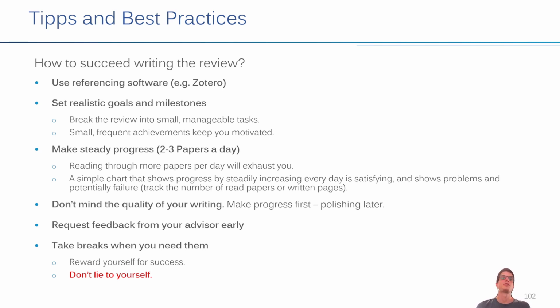So try to make steady progress, even if it's hard. Read one paper per day, read 2 papers per day, but don't try to plan for like 3 papers, 5 papers. It's too much.